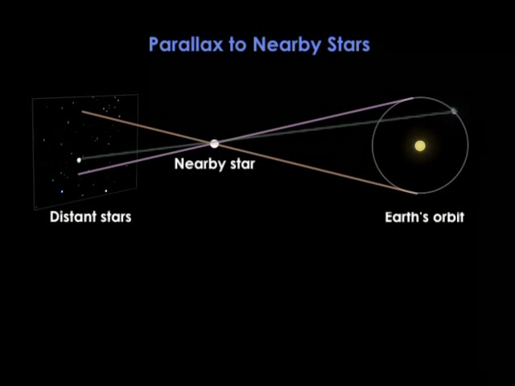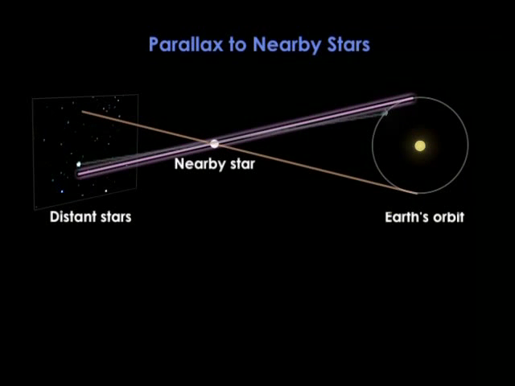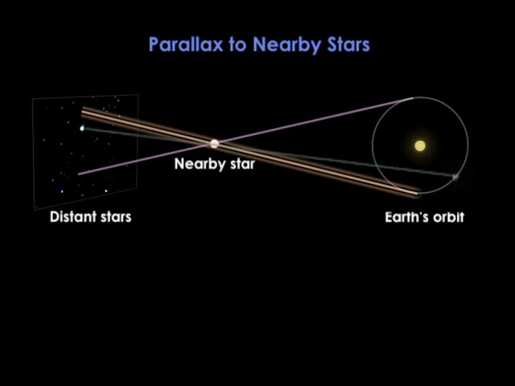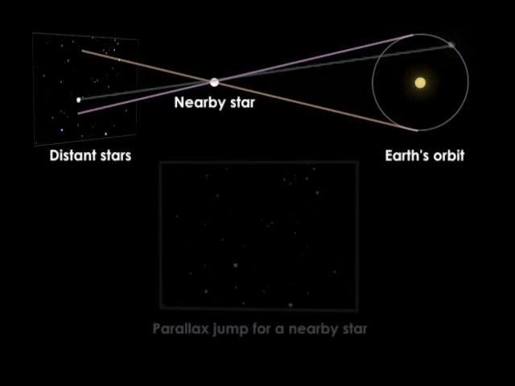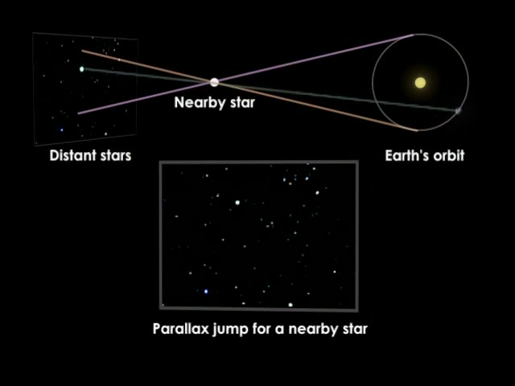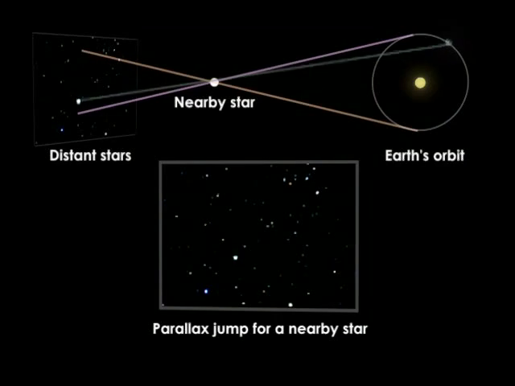The position of a nearby star is observed twice, 6 months apart, from opposite sides of the orbit. Sure enough, as you can see from this little animation, nearby stars show a small jump against the backdrop of much more distant stars. Now, with a base of 2 astronomical units and a measured jump angle, the distance to these nearby stars can be calculated using our handy triangle equation.